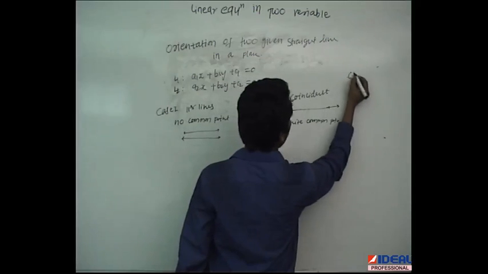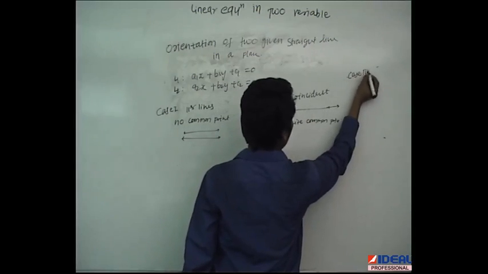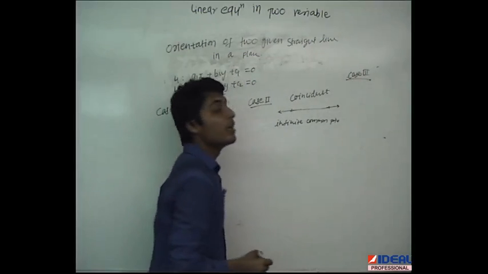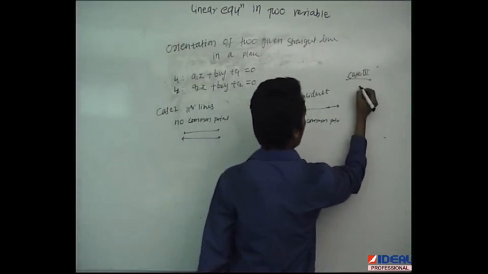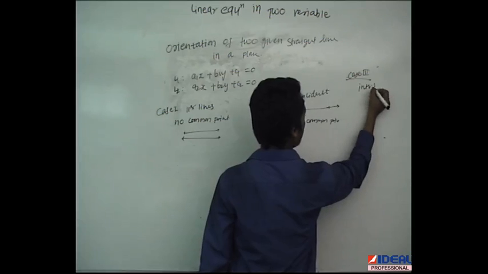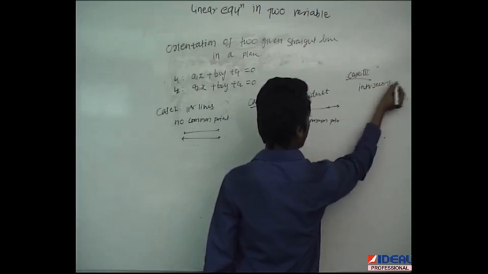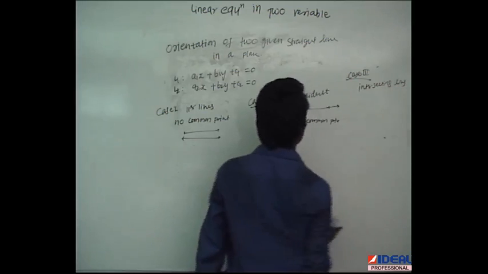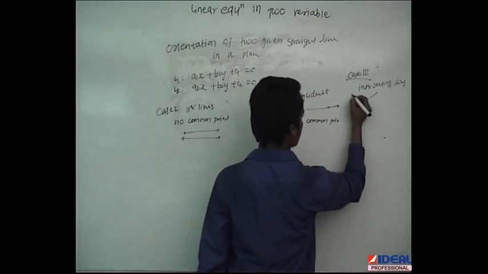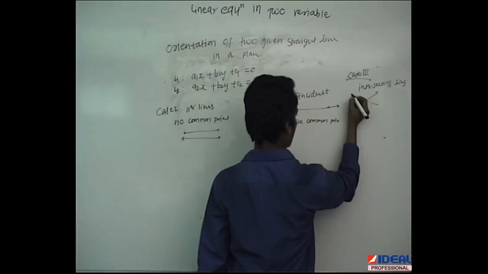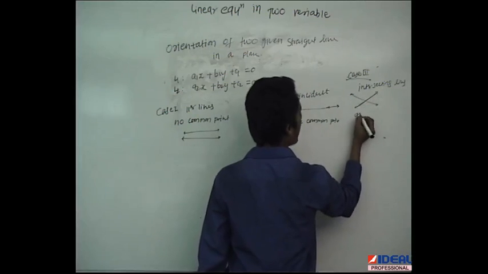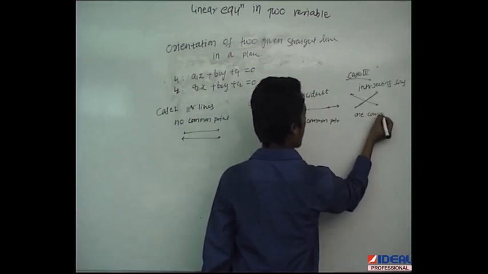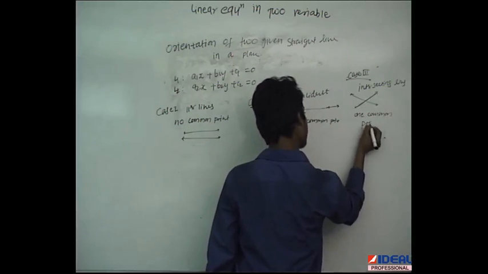And case 3, these two are intersecting lines. Intersecting lines means only one common point is there.